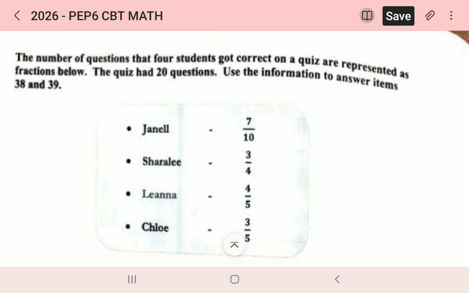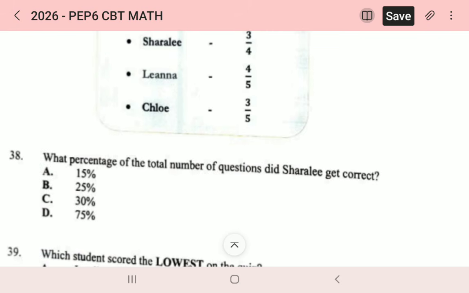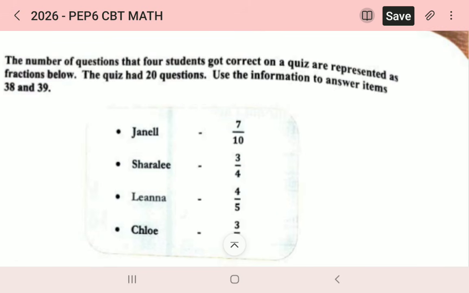All right, the number of questions that 4 students got correct on a quiz are represented as fractions below. The quiz had 20 items. Use the information to answer items 38 and 39. So Janelle got 7 out of 10, Shara Lee 3 out of 4, Liana 4/5, Chloe 3/5. What percentage of the total number of questions did Shara Lee get correct?